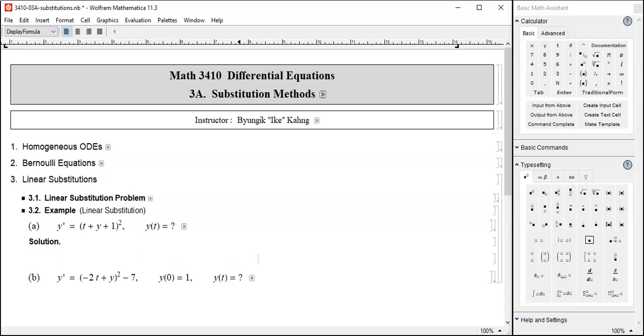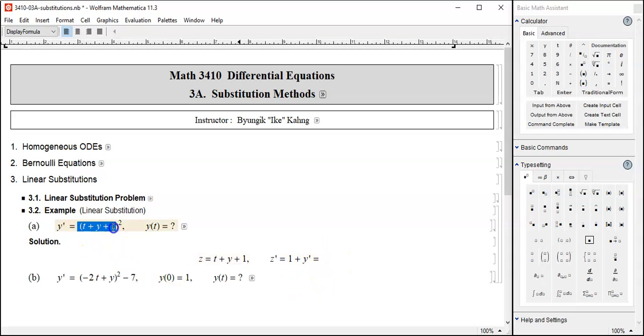Okay, here we go. Z is equal to t plus y plus 1. Then what is z prime? Derivative of t is 1, and then the derivative of y is y prime. But then again, what is y prime?